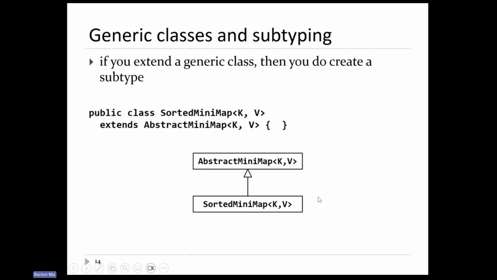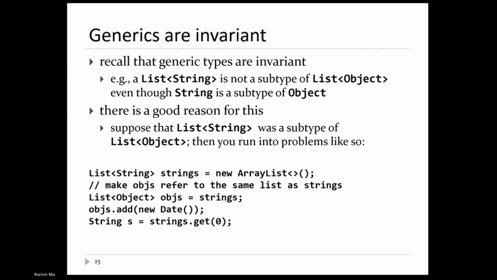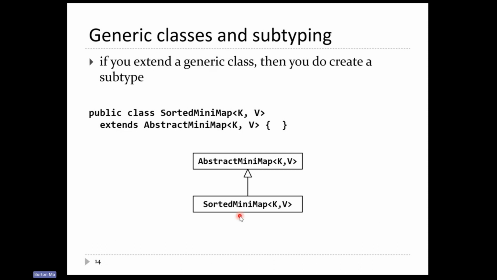The difference here is that your types are generic, whereas here they are not. Here you have a list of string, and list of string is not a list of object. Here you've got a sorted minimap that's got some generic types K and B. It is a subclass of abstract minimap, which also has types K and B.